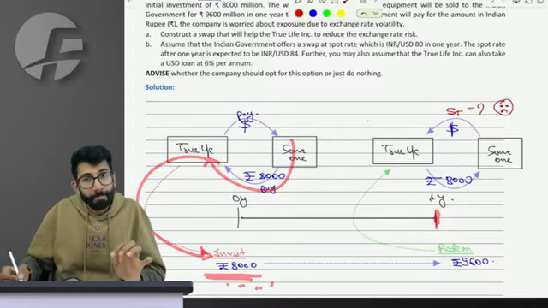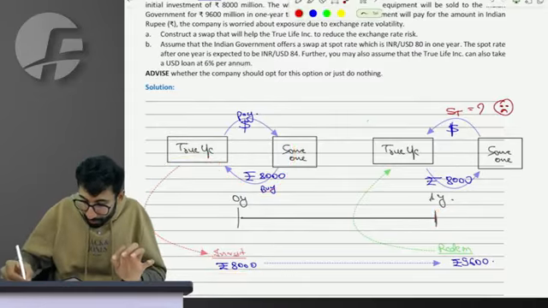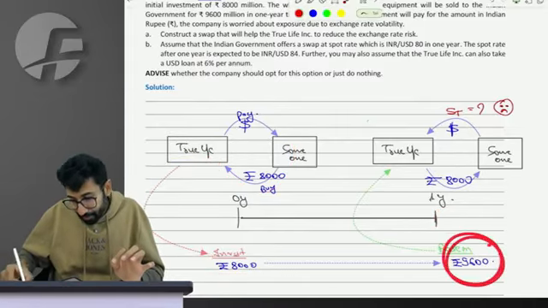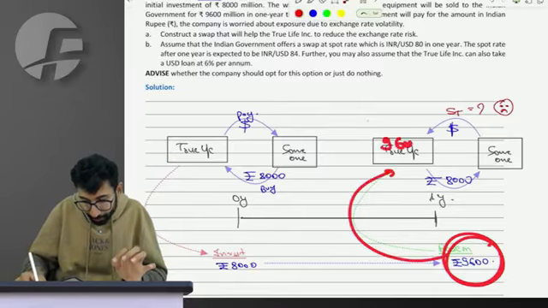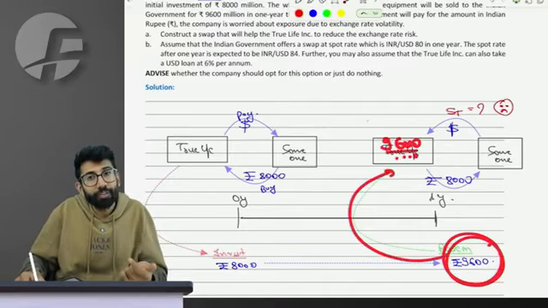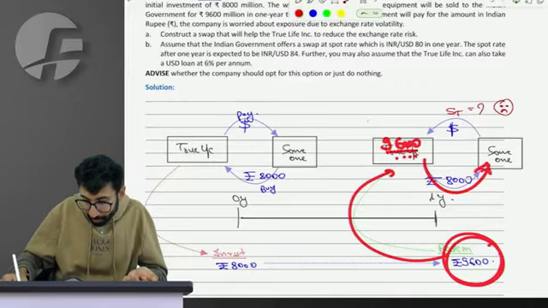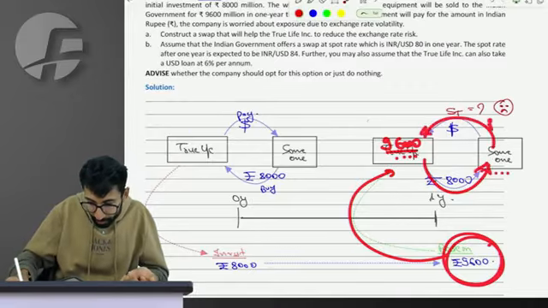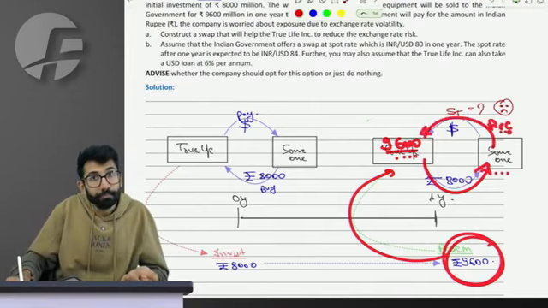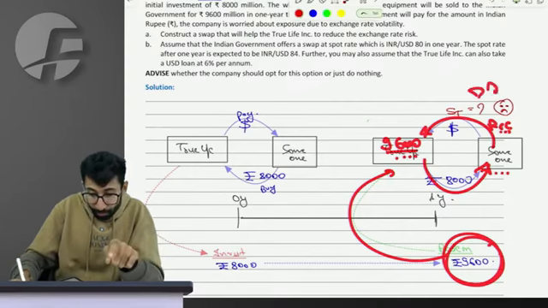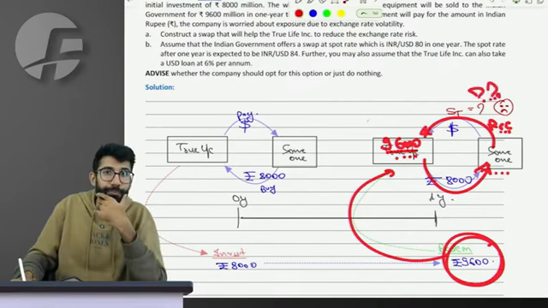After a year, it knows that it will get 9600 from the Indian government. Do you agree, after a year it should go to the spot market to sell that rupee and receive dollars back? But the uncertainty is what the rate will be after a year, which we don't know.